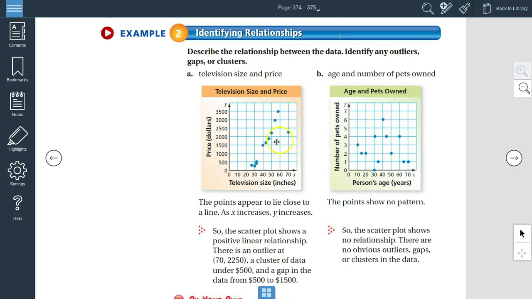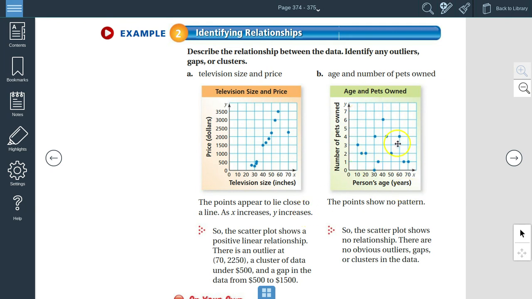So I'm going to call that one an outlier. I would say, hey, there's one outlier, and that is at 70, comma, let's say 2,300. Just to keep it simple, 2,370. And we would have gone through all the things. We talked about the relationship, the gaps, the clusters, and the outliers.